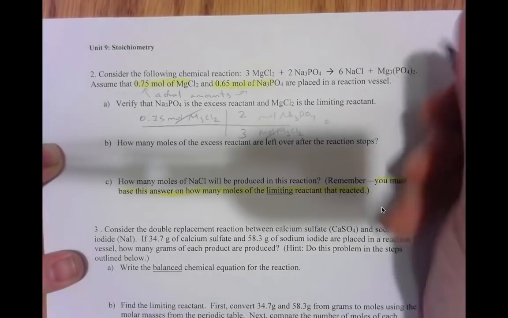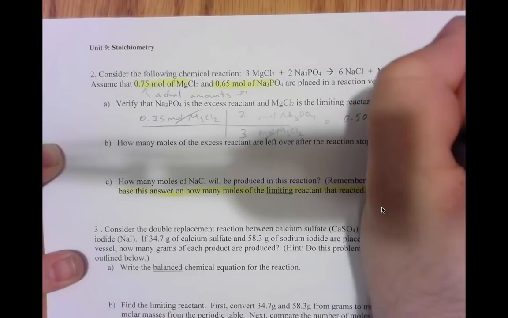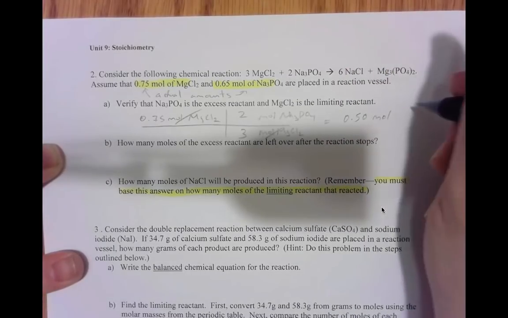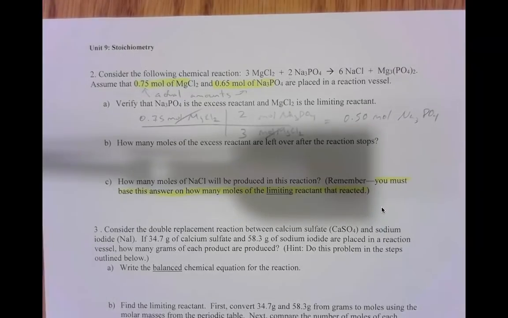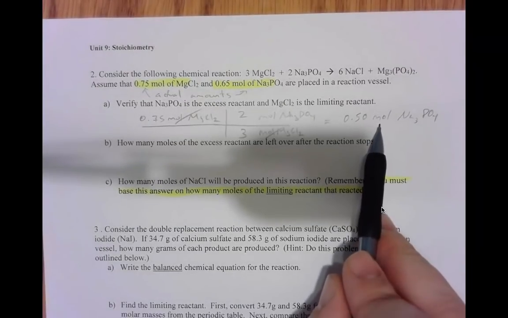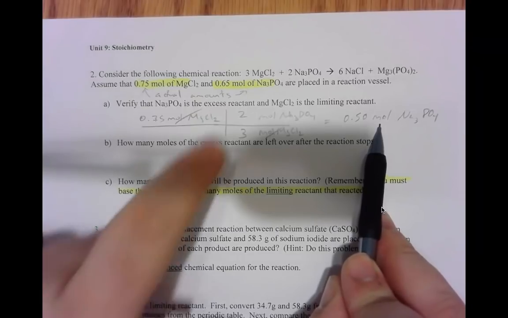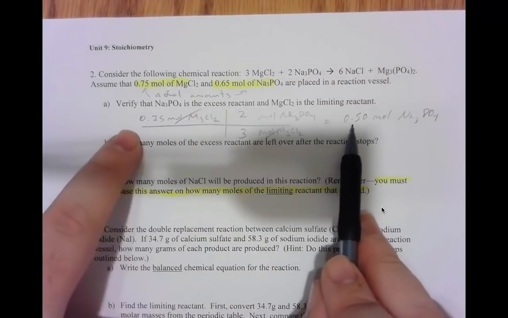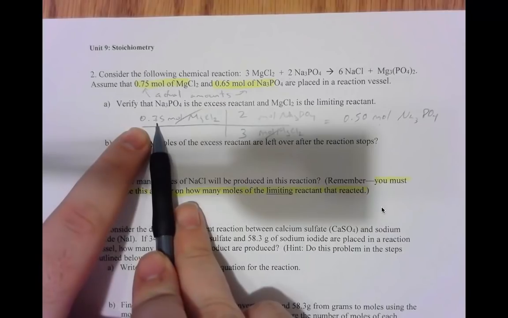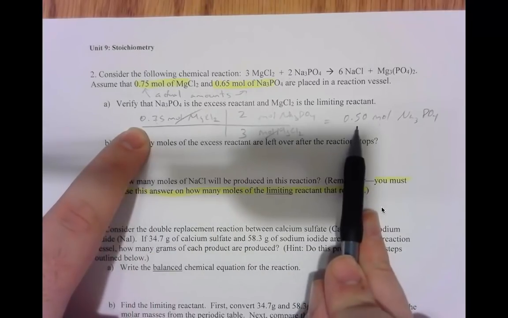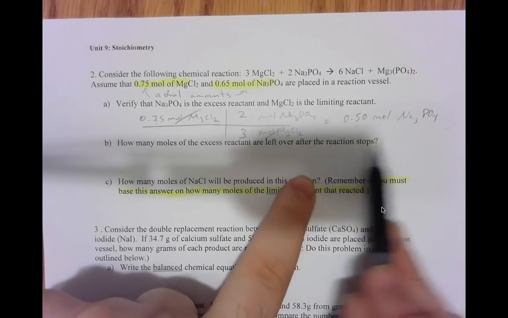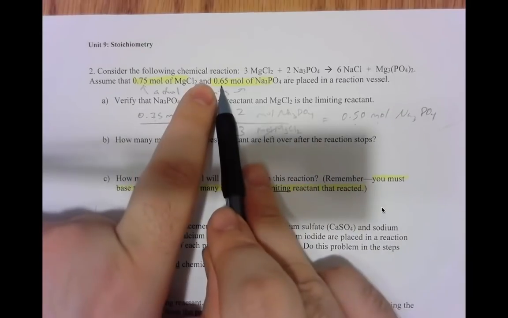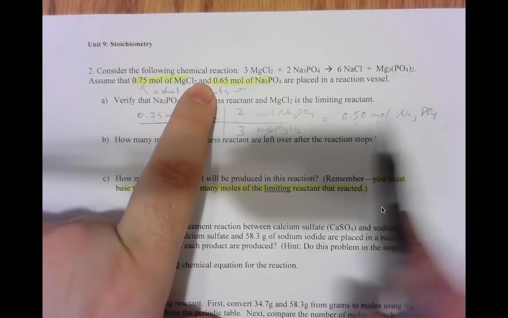Once you solve this, you find that there's 0.50 moles of Na3PO4. Remember, this is theoretically how much you need. So what you see here is to react with 0.75 moles of magnesium chloride, you need 0.50 moles of sodium phosphate. So what we know is this is the excess reactant, because you have 0.65. You're going to have extra left over.